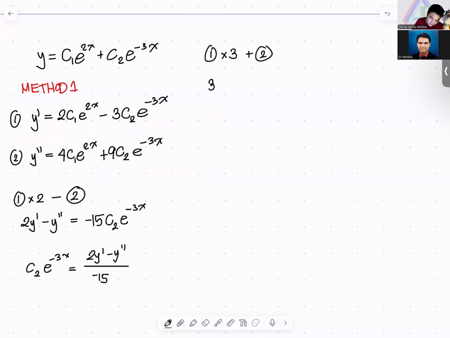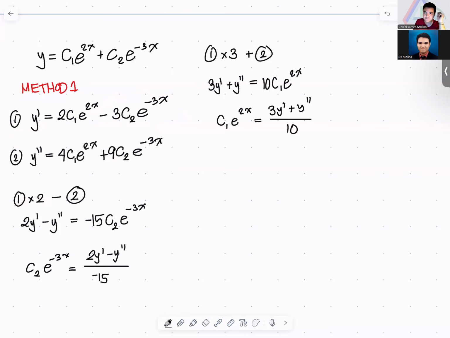We have 3y prime plus y double prime equal to, 6 plus 4 is 10, 10c1 e raised to 2x, and negative 9 plus 9 is 0. So solving for c sub 1 e raised to 2x, this is equal to 3y prime plus y double prime over 10.